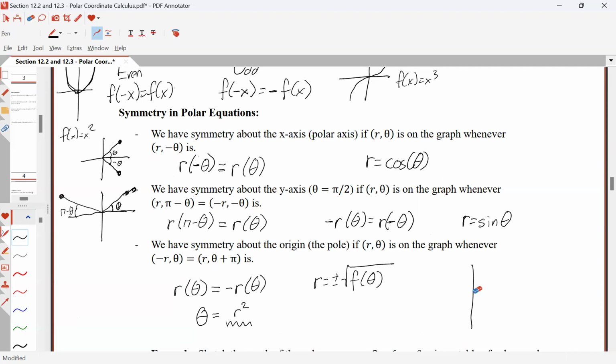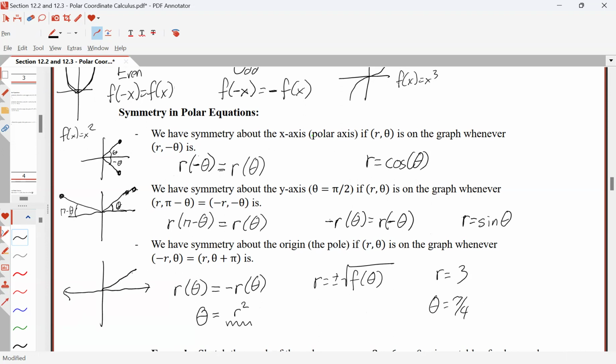And some basic examples we have already seen would be things like r equals 3, which is a circle centered at the origin, or theta equals pi over 4, which is a line going through the origin. This symmetry looks a lot like the odd symmetry, where if r, theta is on the graph, so is negative r, theta. So there's a symmetry around that pole, the origin.